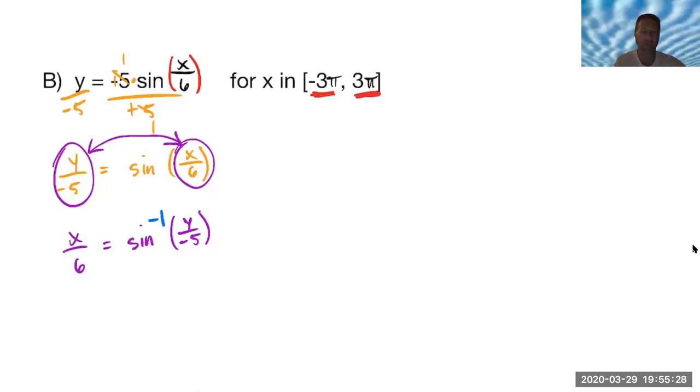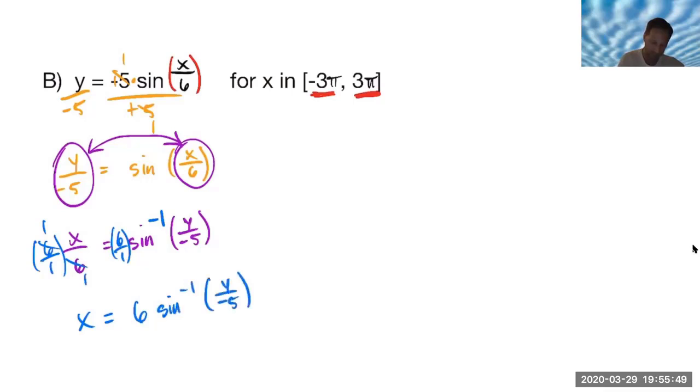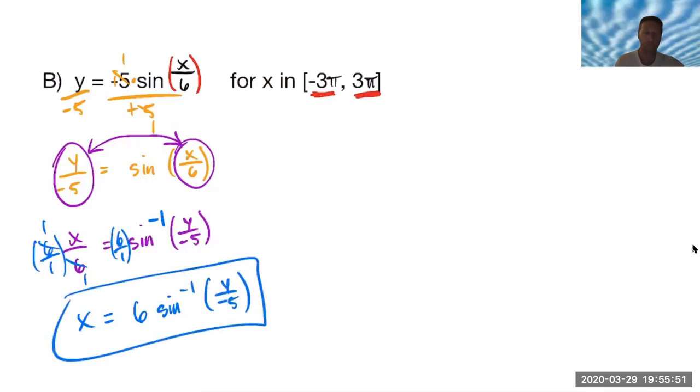They have been reversed. And then lastly, to finish, to undo dividing by 6, we'd have to multiply by 6 to both sides. So that this would cancel out, and I get x is equal to 6 times the arc or inverse sine of y over negative 5. And it is that easy.